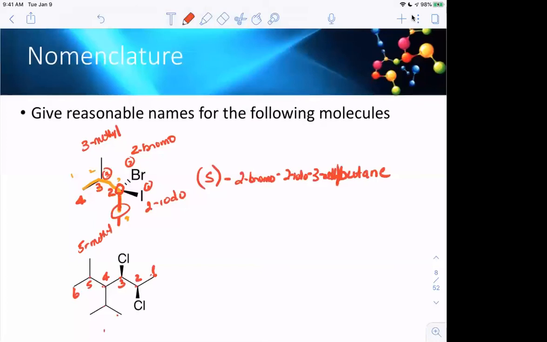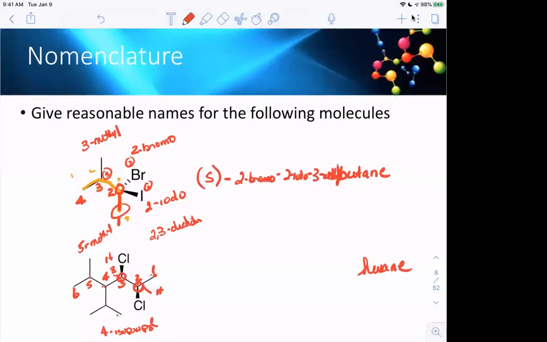I have a 4, I'm going to use the common isopropyl. And then I have a 2,3 dichloro. This and this are both stereo centers, but the hydrogen is pointing behind, which is lowest priority. So let's put this together. It's going to be a hexane derivative.